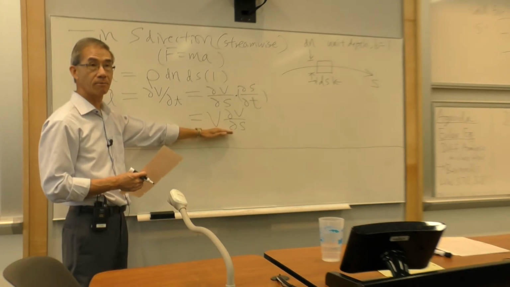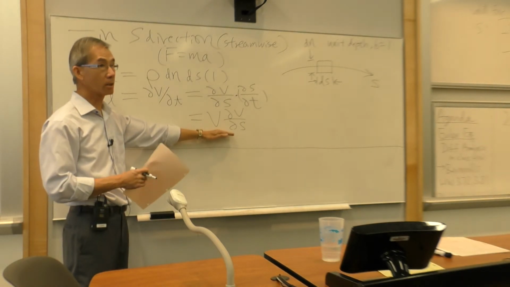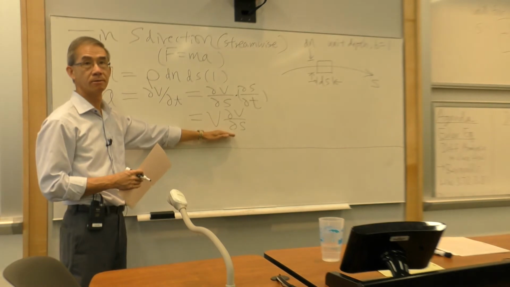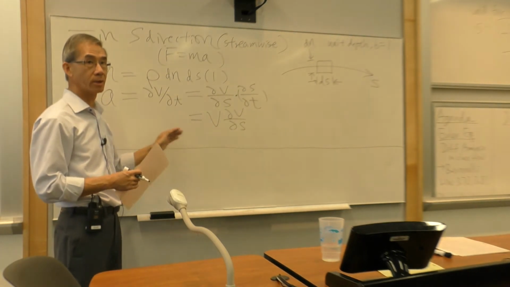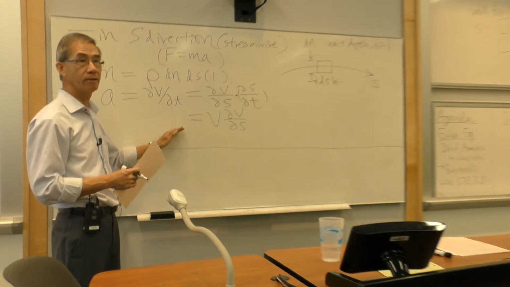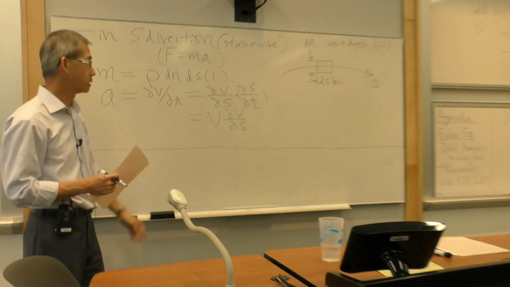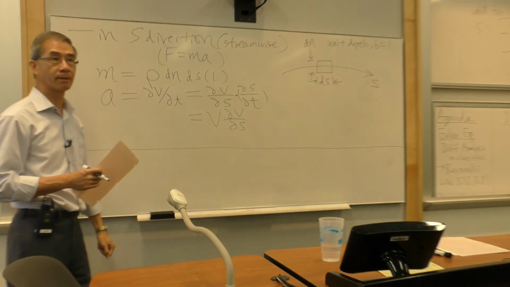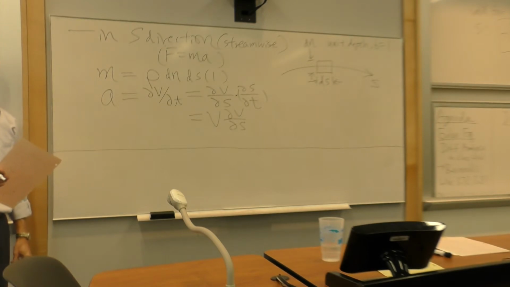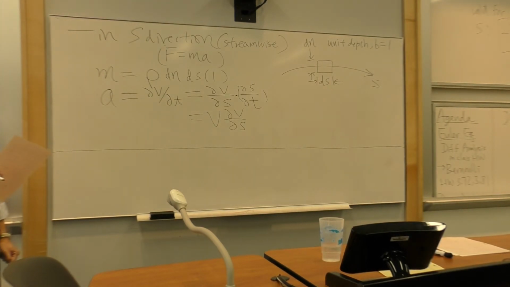It represents some type of acceleration that is not time dependent, but spatial dependent. Just like the nozzle problem, when I march through the nozzle, even though it's steady, spatially I accelerated, and that's represented by this term. All right, does that make sense to you? It's a little bit new, but they all add up and they're consistent. So now I have a new acceleration that I have to contend with in this problem. Any question before I continue?